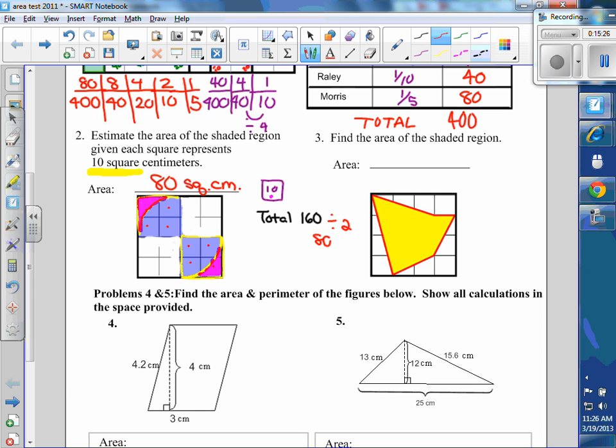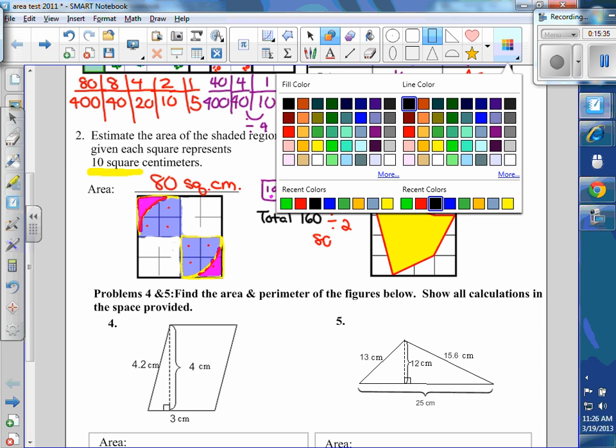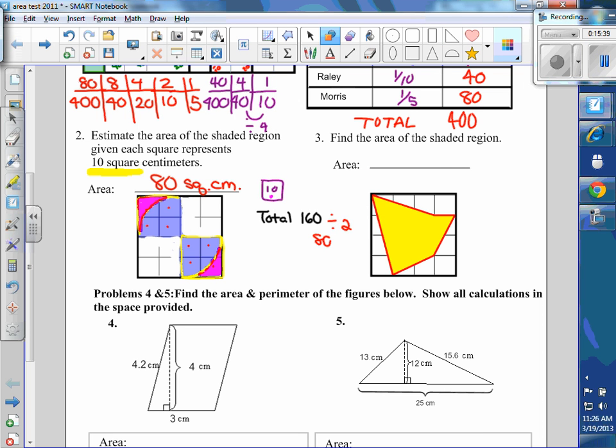Okay, last problem before I stop this recording, and then I'm going to have you guys do a little independent work. When we did the problems like number 3, we used rectangles. Do you remember that?